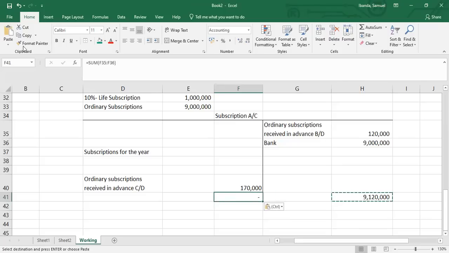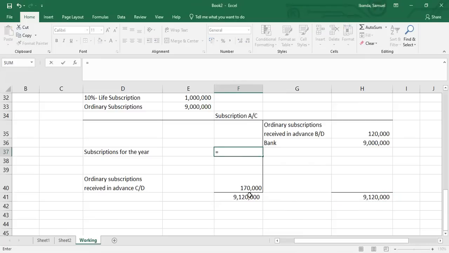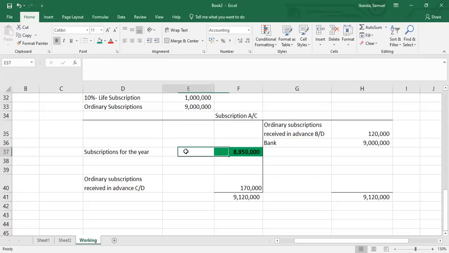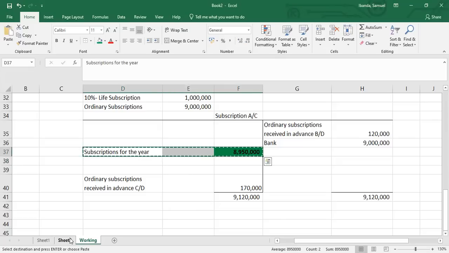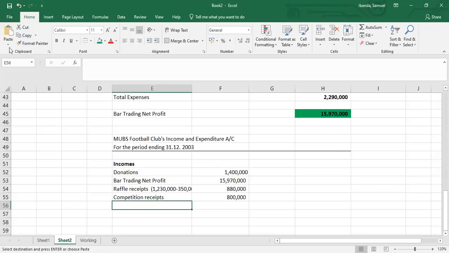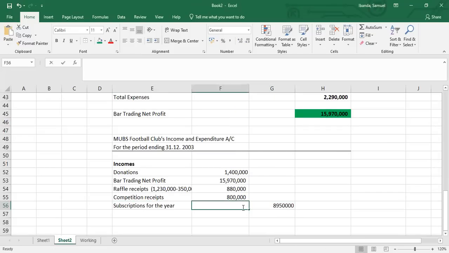In this case, I have a balancing figure here, which is the difference between this and this, which is 8,950. So this 8,950 is what I'm going to take to my income and expenditure to record as my ordinary subscriptions for the period, okay? Even when you look at that solution, you should be able to see that. And that is how we come to that 8,950,000.